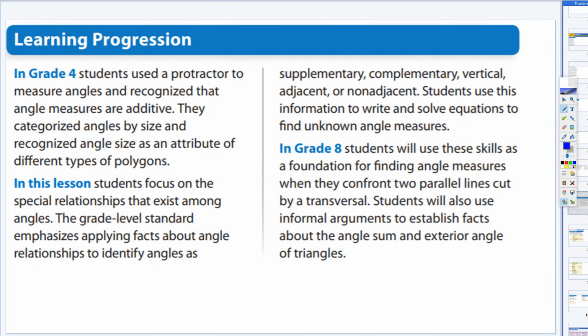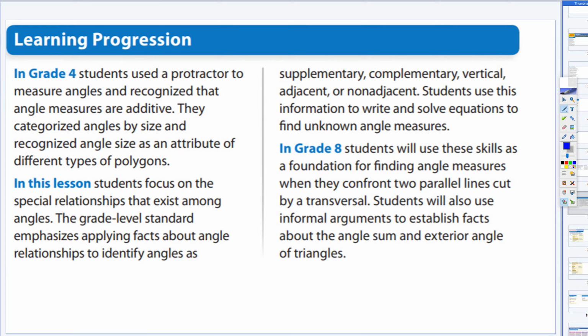Learning progression. In grade 4, students used the protractor to measure angles and recognized that angle measures are additive. They categorized angles by size and recognized angle size as an attribute of different types of polygons. In this lesson, students focus on the special relationships that exist among angles.